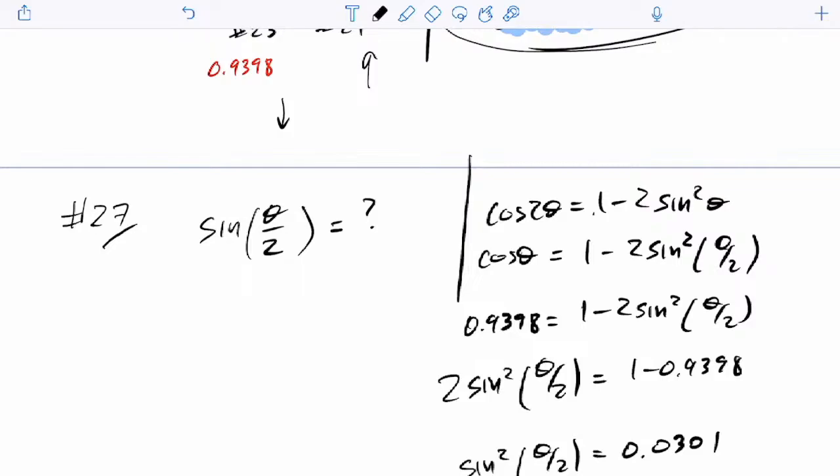So I'm getting theta over 2 is 0.1735 for 27.